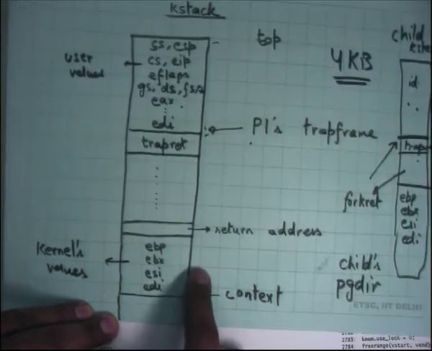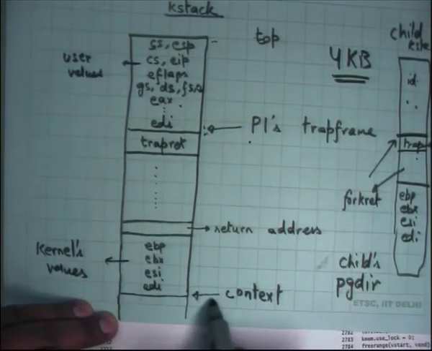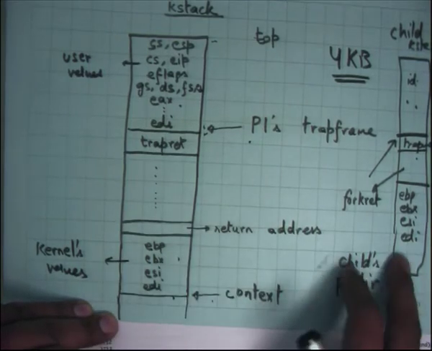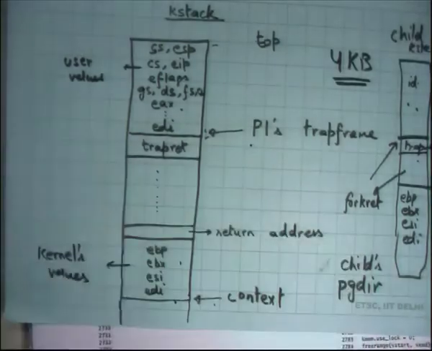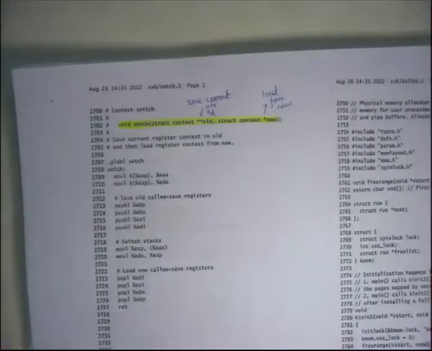That's where the old context is. So if you are switching from here to here, then this will be the old context, and you're going to save the current values here, and you're going to load the new context from here, right? So that's what this is going to do. It's going to save the current context into the old context, and the old context will live on the K stack of the old process or old thread, and similarly you're going to load values from the new context. Okay.